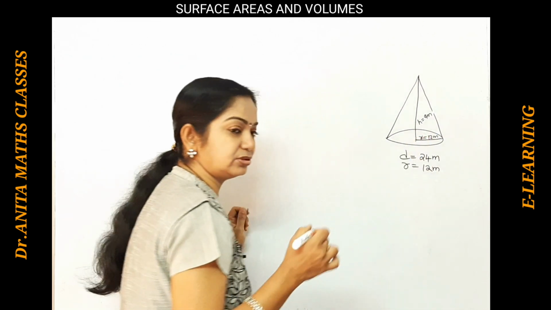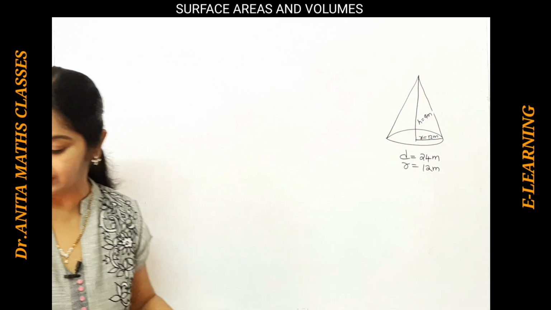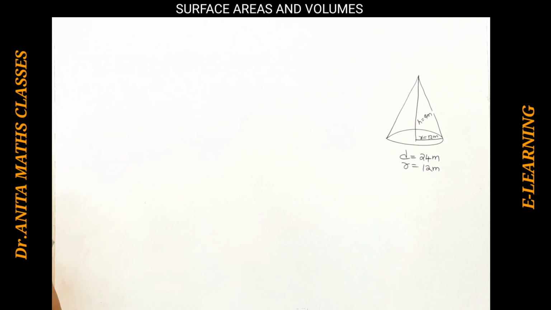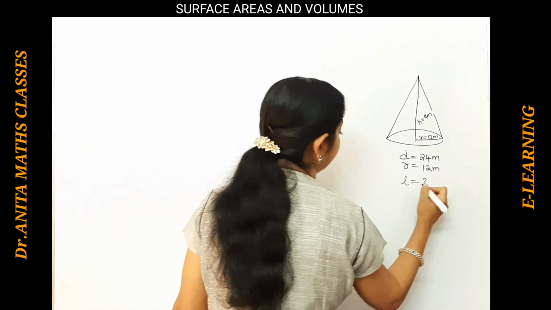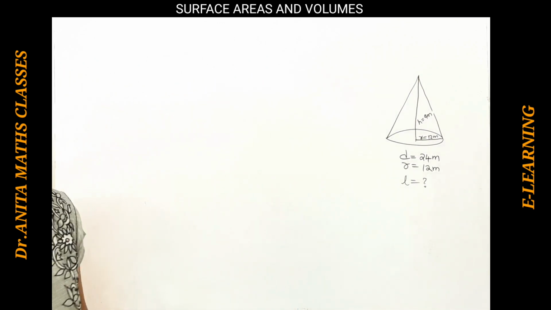So you should draw the diagram for the mensuration part here, because the diagram is not given. You have to depict the diagram and keep the measurements there. If the base radius and the height are given, find its slant height. It asks us to find the slant height and the cost of that tent. Okay.